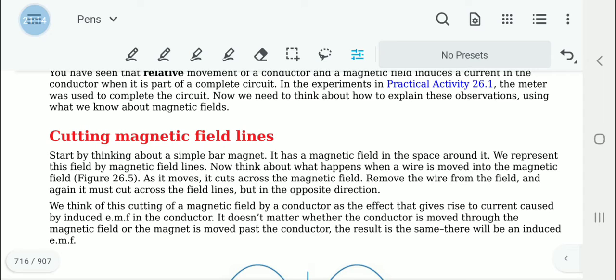Write down: either the magnet could be moved or the coil could be moved. All which is required is for the magnetic field to be cut by a conducting wire.